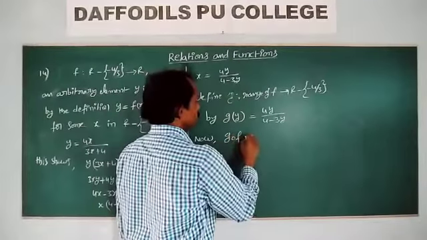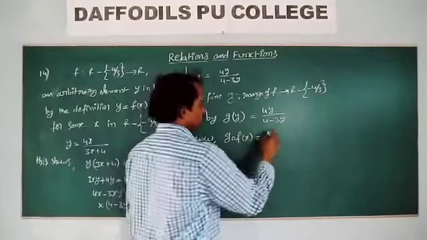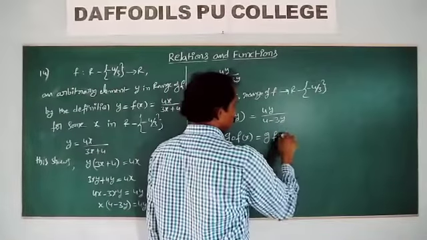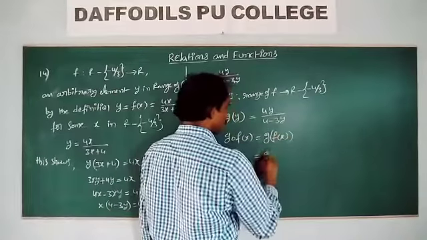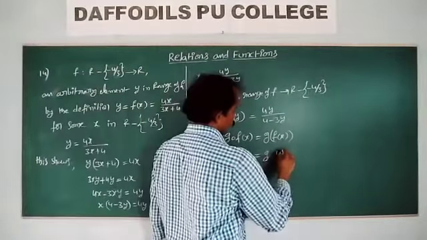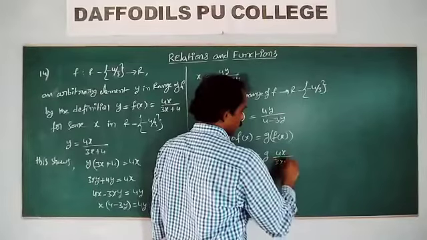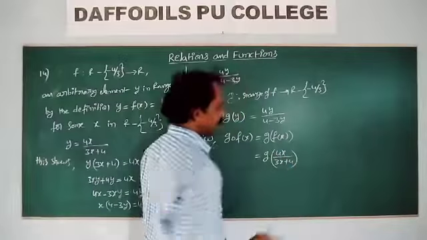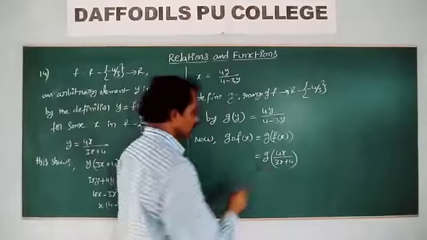Therefore, g circle f of x is equal to g of f of x. What is f of x? f of x is equal to 4x by 3x plus 4.